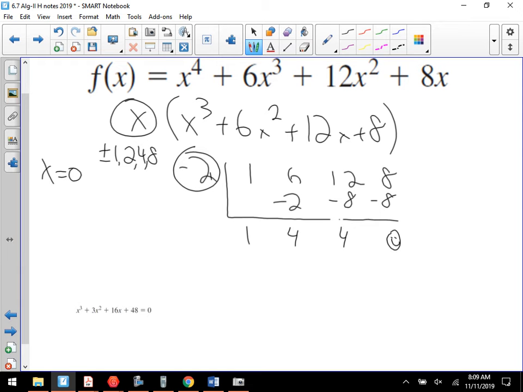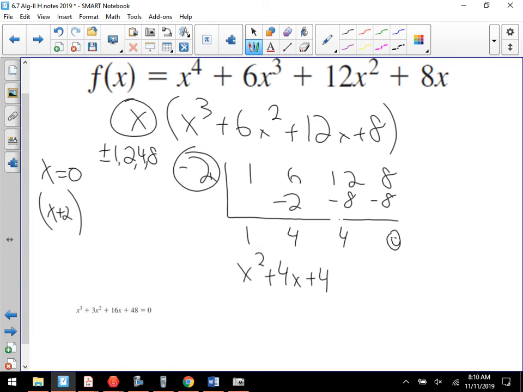And then you have a 0 at negative 2. Your term is x plus 2. And now you're at x squared plus 4x plus 4. What times what is 4 that you add together to get 4? 2.